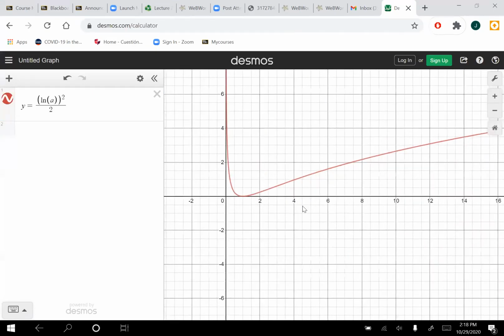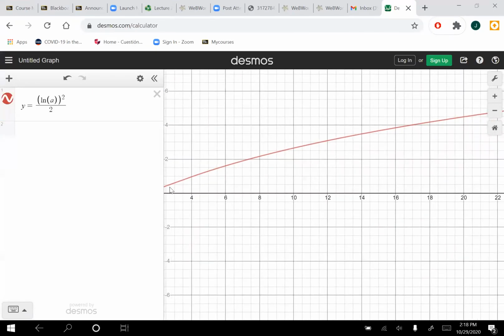So what do you guys say? Where is this function going when a goes to infinity? Where is it going? Infinity. It's increasing, right?